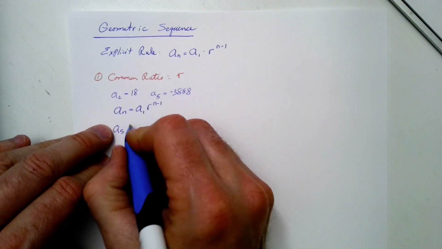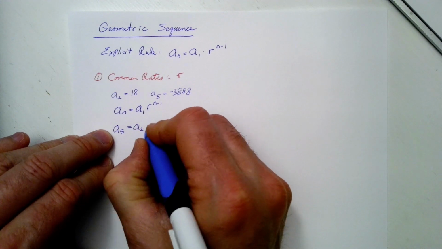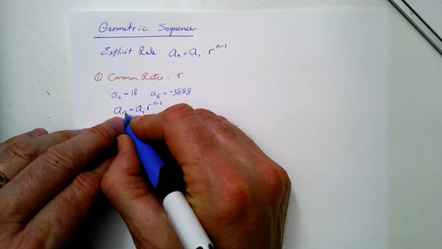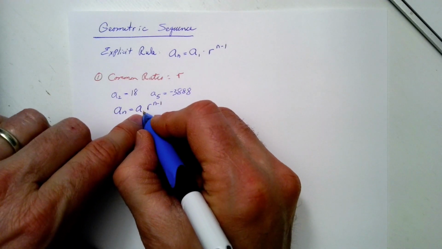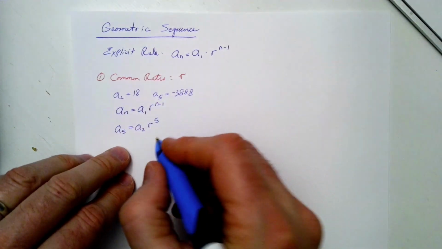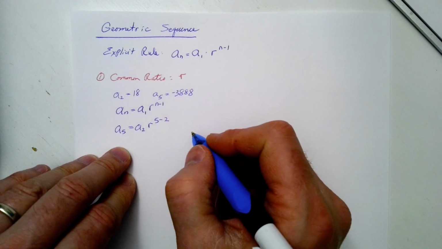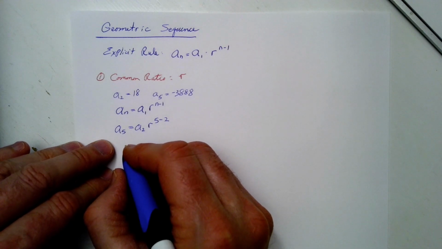So we have a5 equals a2 times r, and then our n is going to be 5, and what we had here for a1 is going to be the 2, so 5 minus 2.